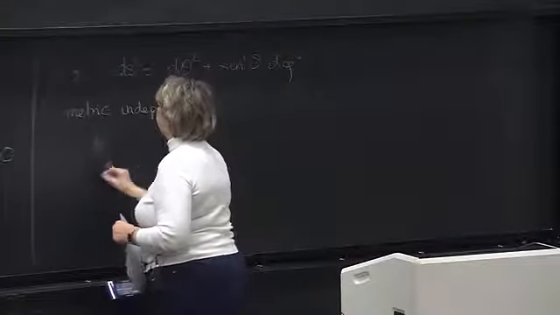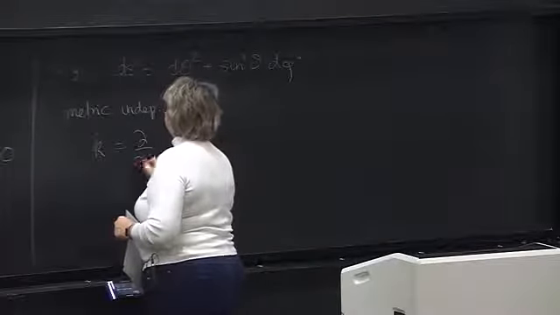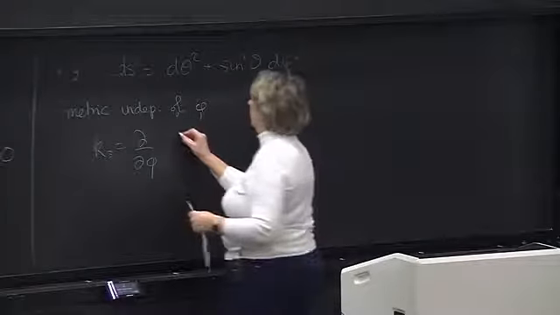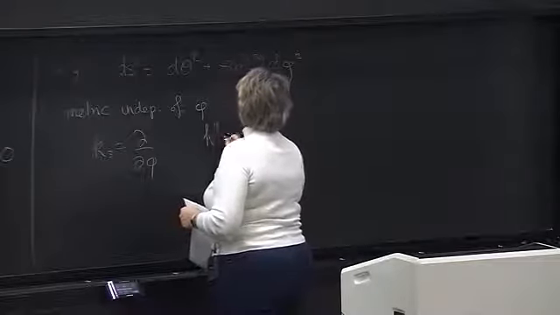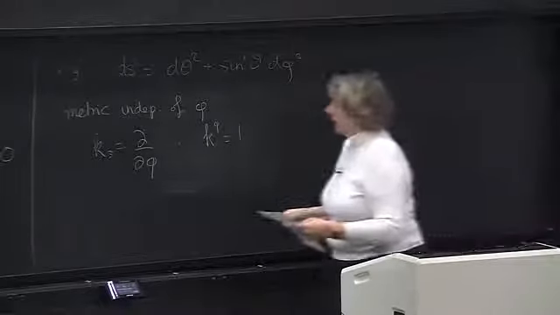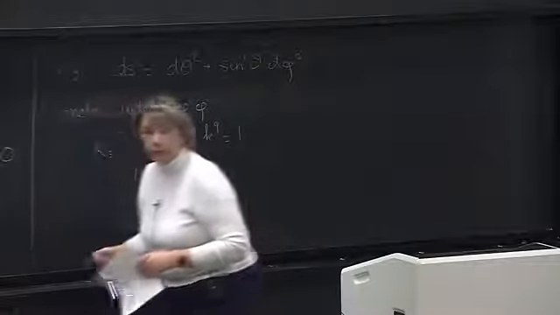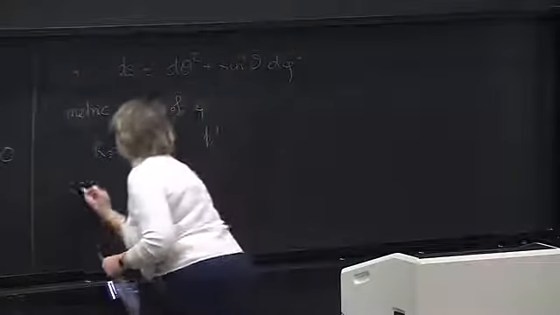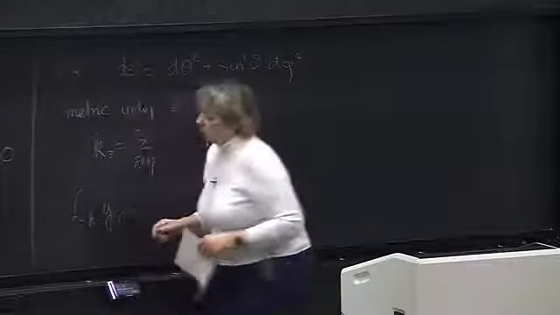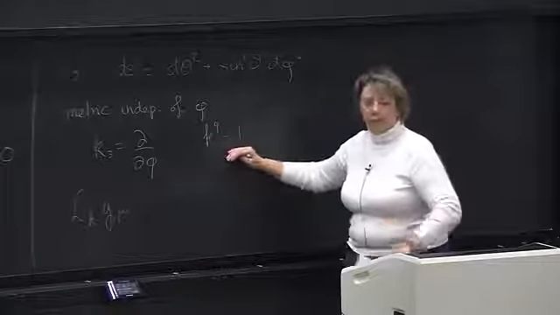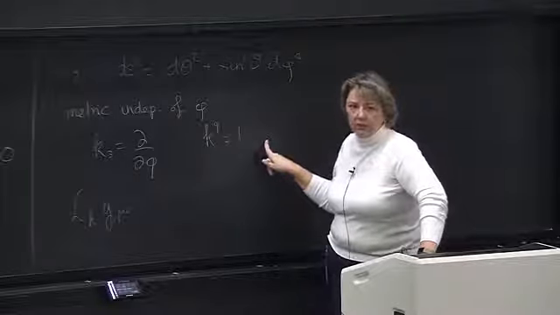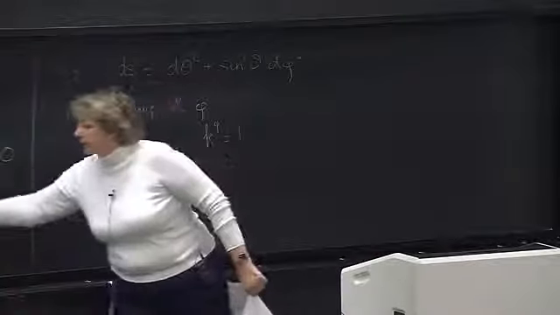So if we define our Killing vector as d by d phi, in components our k^phi is 1 in a coordinate basis. Then we look at our expression for the Lie derivative. Because the components of k are just constant, either 1 or 0, when you take a derivative of k, these two terms vanish.